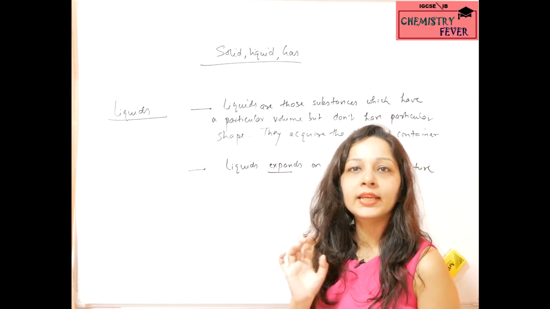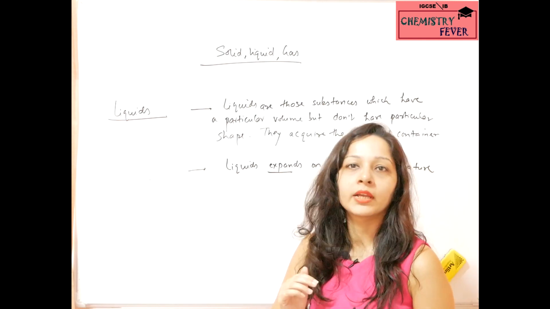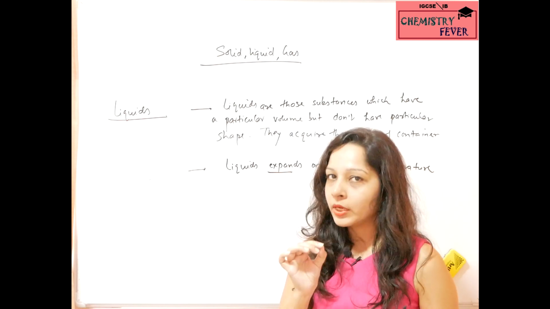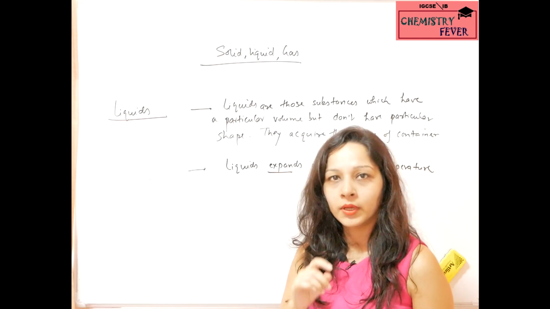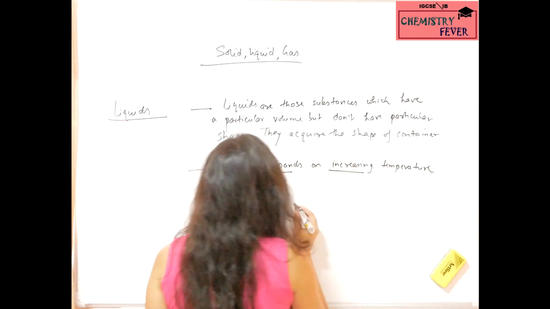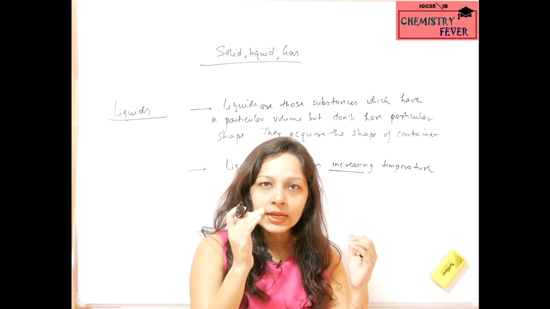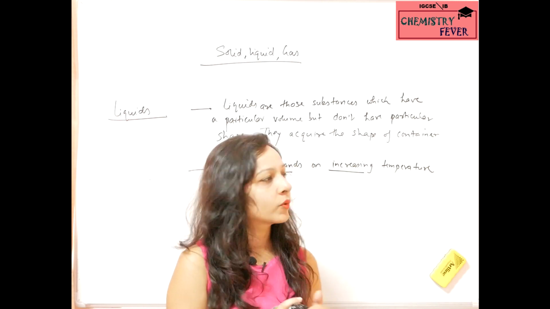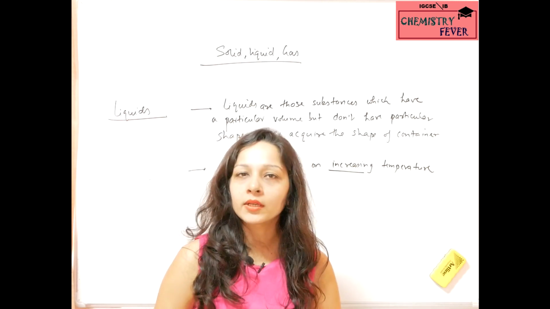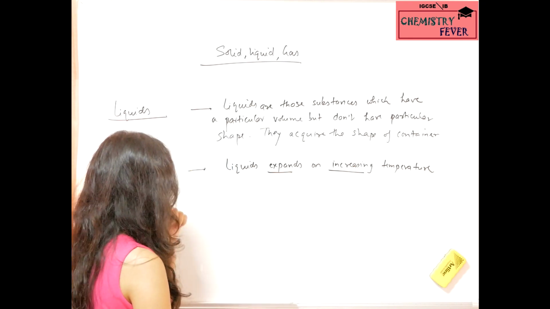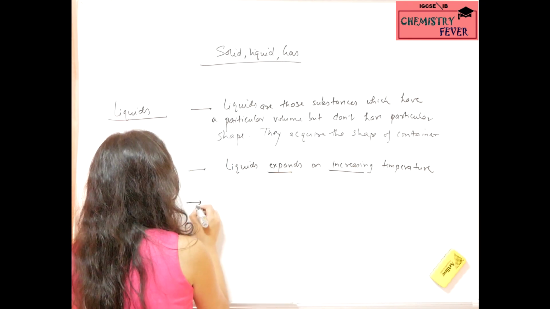The volume will slightly increase. It means it is expanding. Maybe 20 to 20.2, right? So contraction is not possible. Contraction would mean molecules coming closer, slightly decreasing volume. Okay, so they will expand slightly on increasing temperature. Next is compressibility.